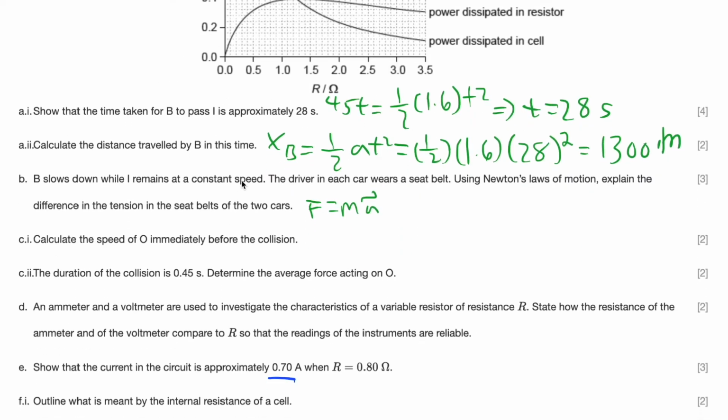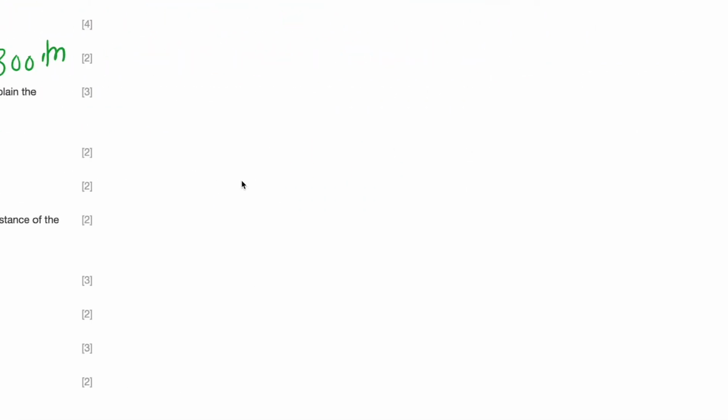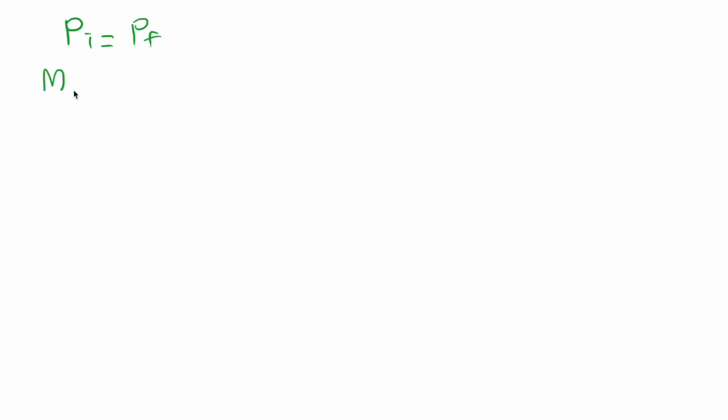We can use conservation of momentum to do this problem. So let me do this here. By conservation of momentum, we know that initial momentum must be equal to final momentum. So the mass of car O times its initial velocity plus the momentum of car I is equal to the sum of their masses times their combined velocity.